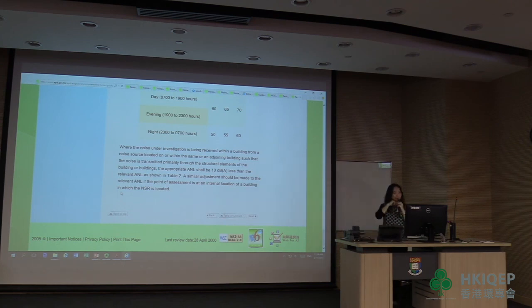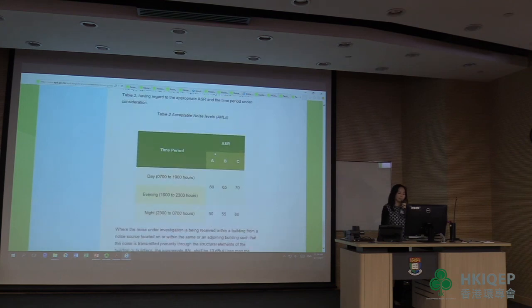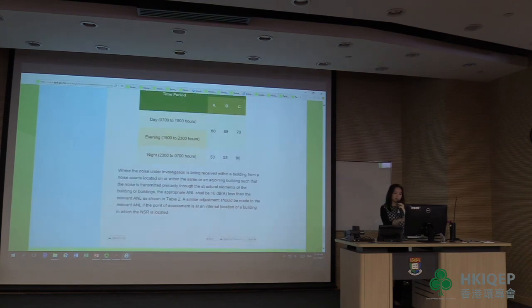So this is the case. So the noise is transmitted primarily through the structural elements of the building, and then the acceptable noise level should be 10 dBA less than the relevant acceptable noise level here. So this is something a lot of people usually miss, this small wording.